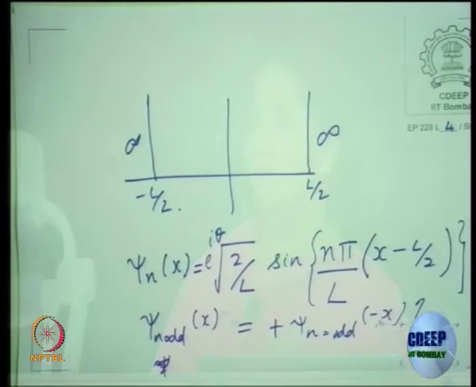So, it is a little higher energy once you have a node at the origin. But if you do not have a node at the origin, then the lowest energy solution has the lowest energy. That is why the lowest energy solutions are always even wave functions. And I have proved it for you for the particle in a box. You have already seen by explicit solution that the ground state wave function is an even function, right?